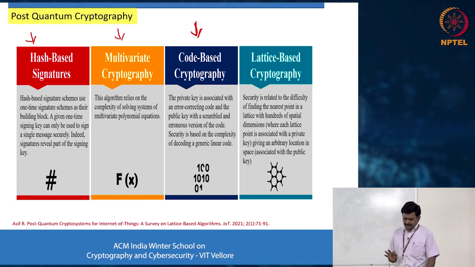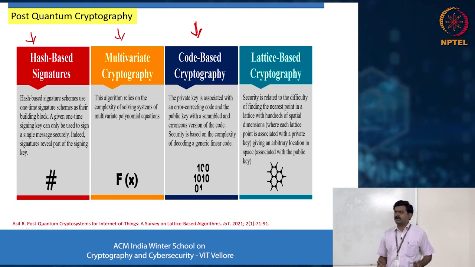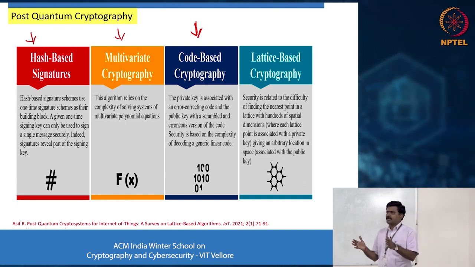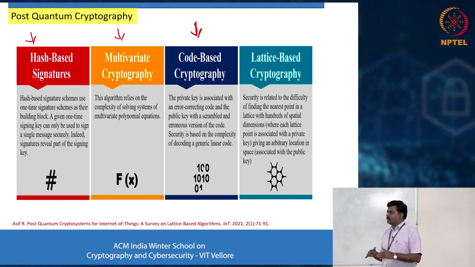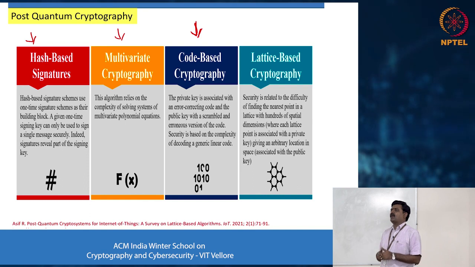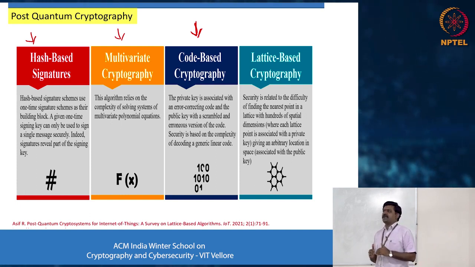So these are the four forms of post-quantum cryptography that we have. Under each branch, various algorithms are there, and these algorithms are now under verification by NIST. NIST is verifying various algorithms under each branch, and they are trying to standardize them.